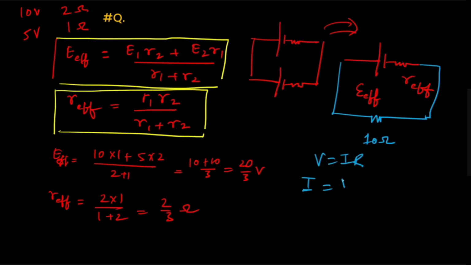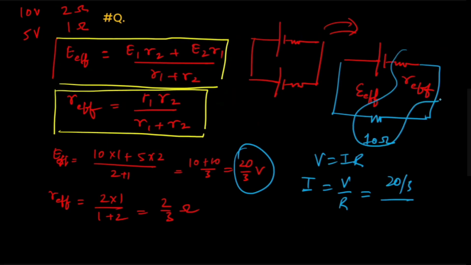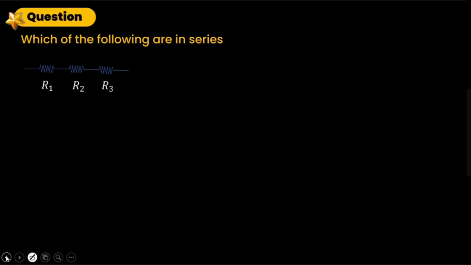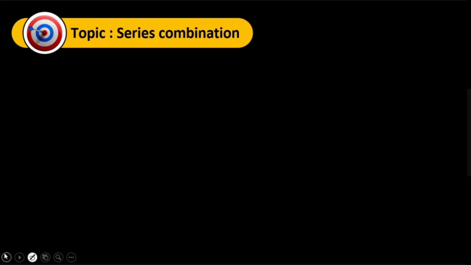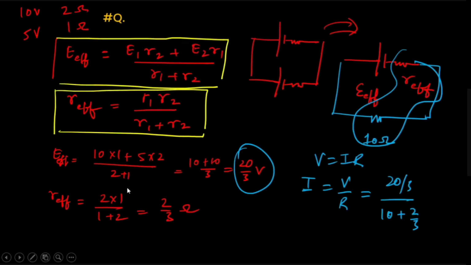So I is V by R, where V is this V effective 20 by 3, and R is this R effective plus this 10 ohm. So 10 plus 2 by 3.